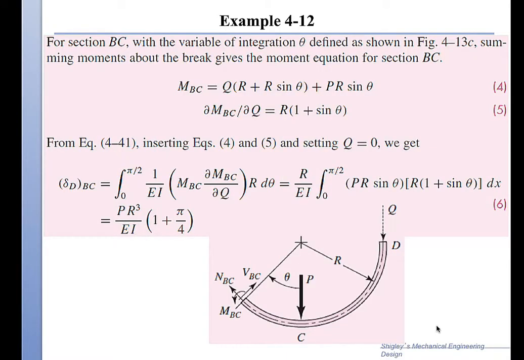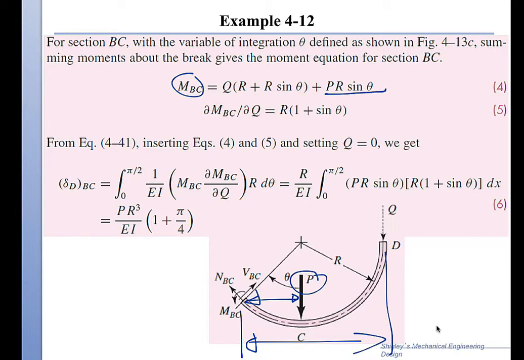When we take the M for BC, I have P multiplied by this distance here. And then I have Q multiplied by this distance here. So the first distance is R sine theta, and then the second distance, this one, is R plus R sine theta. And since I'm interested in the deflection at where Q is applied, I take dM/dQ, then it'd be R times 1 plus sine theta.